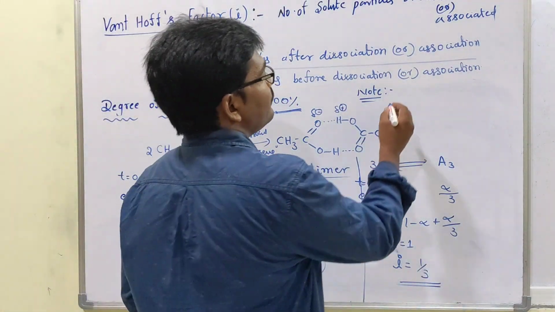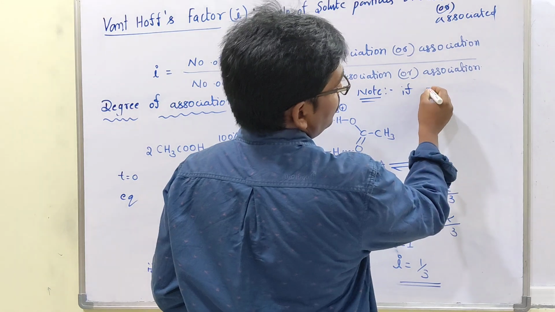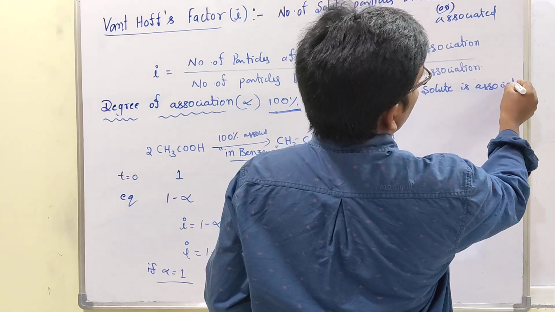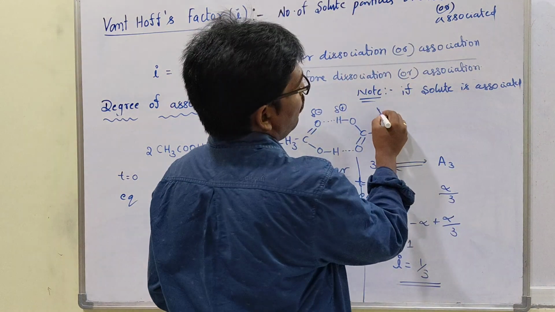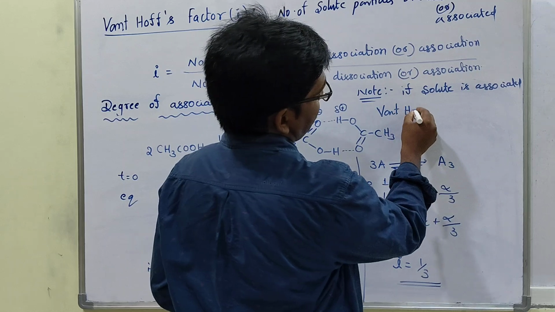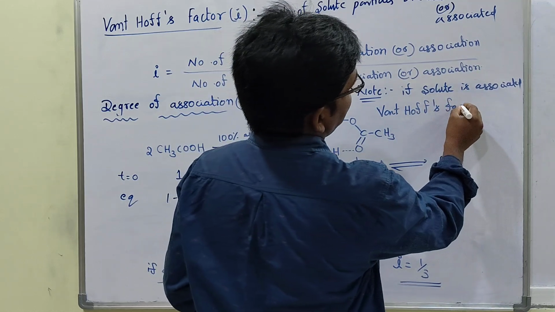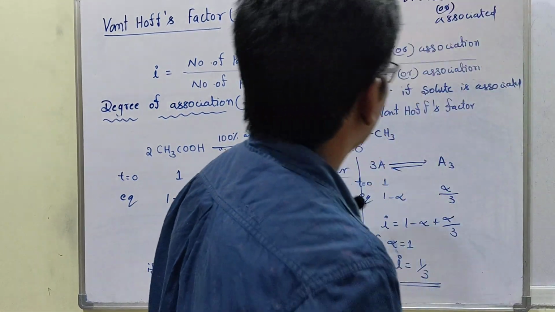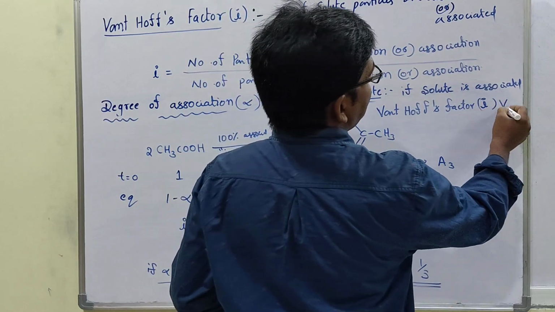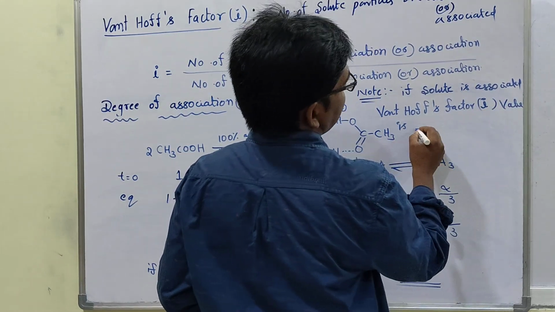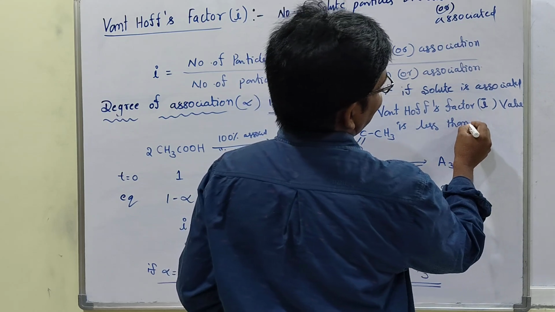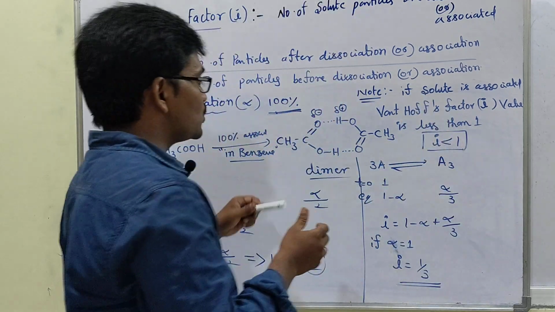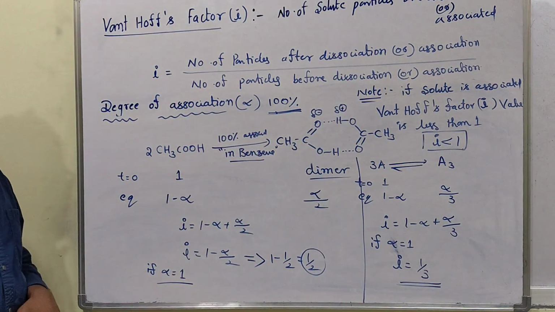Sir, if the solute is associated, the van't Hoff factor I value is less than 1. Sir, I is less than 1. That's association. Okay, right.